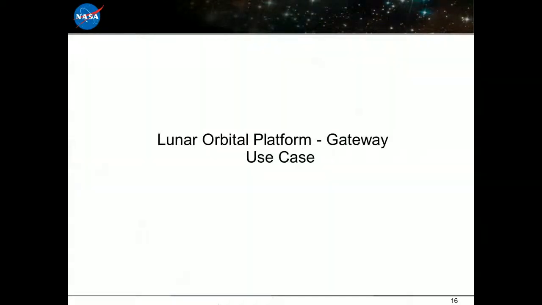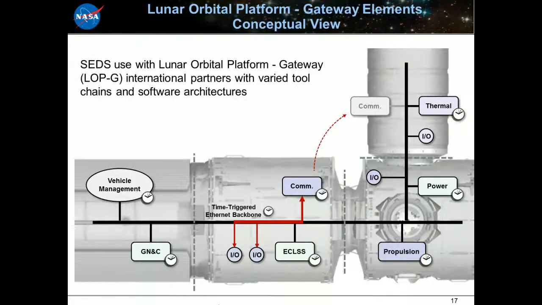So another use case is a very large program, the Lunar Orbital Platform Gateway. This doesn't have a lot of detail, but you may have vendors providing pieces, like some device or thermal control system that you want to share with some other element, and you would provide that in the international standard, the EDS, and then they bring it into whatever their particular tool is.